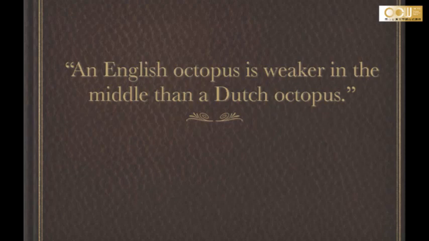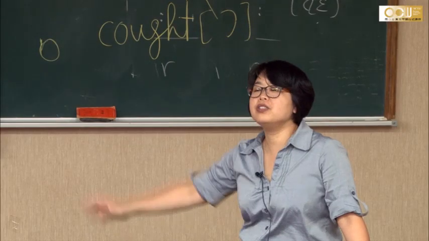Now, if you look at this sentence, does it make sense to you? An English octopus is weaker in the middle than a Dutch one. Octopus is the same word in English and in Dutch, but they say it slightly differently. How do you say it in English?